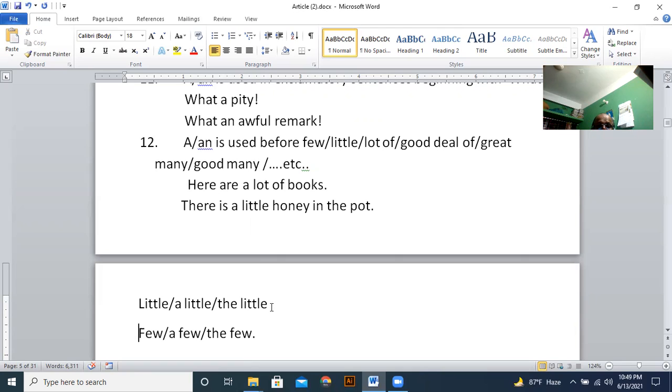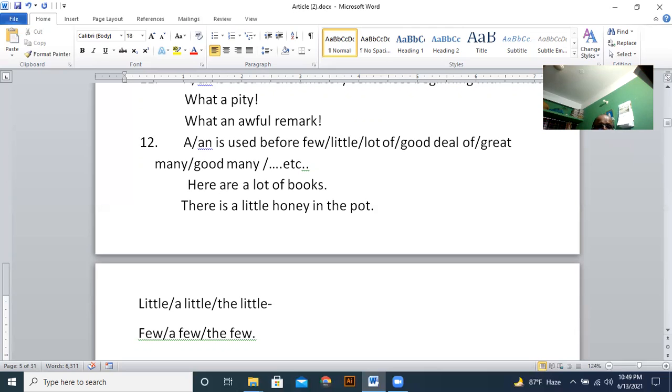Little is used for liquid things, that means water, honey, hydrogen, oxygen. For these words you have to use little, a little, or the little. But few, a few, the few, where do we use them?